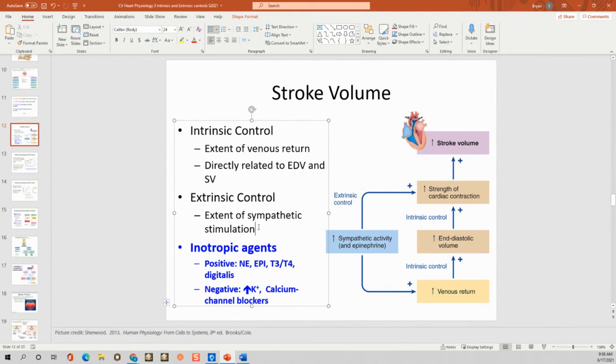Why doesn't the parasympathetic nervous system have an extrinsic control? What makes a target cell a target cell? So what is not found on contractile myocardium? And what are those parasympathetic receptors?